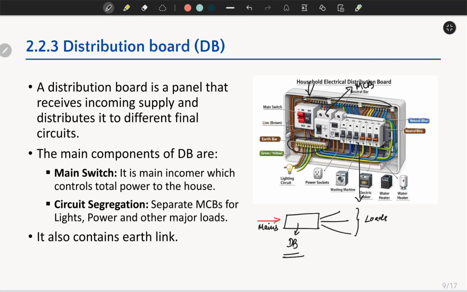We'll be looking at the DB in detail, like how circuit segregation works and how to select and size the different components of the DB, in a different part. For now, from an introduction point of view, a DB is nothing but an equipment and device which is used to distribute the power to my entire house.